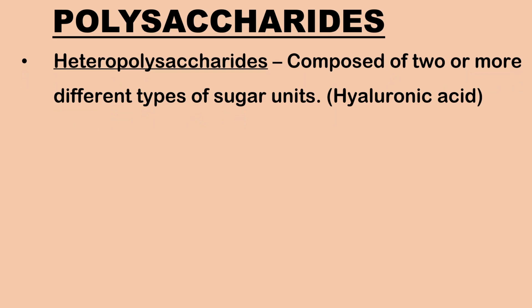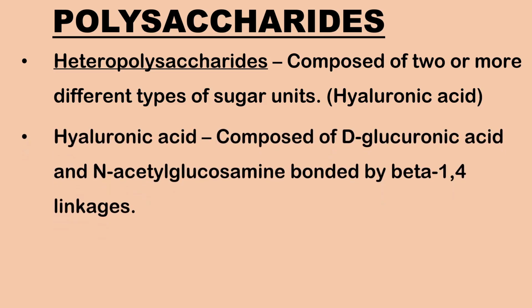Heteropolysaccharides or heteroglycans are composed of two or more different types of sugar units, example hyaluronic acid. This acid is a heteropolysaccharide composed of D-glucuronic acid and N-acetylglucosamine bonded by beta-1,4 linkages.